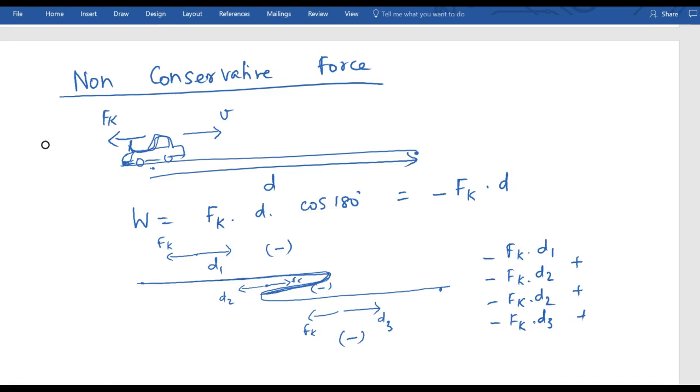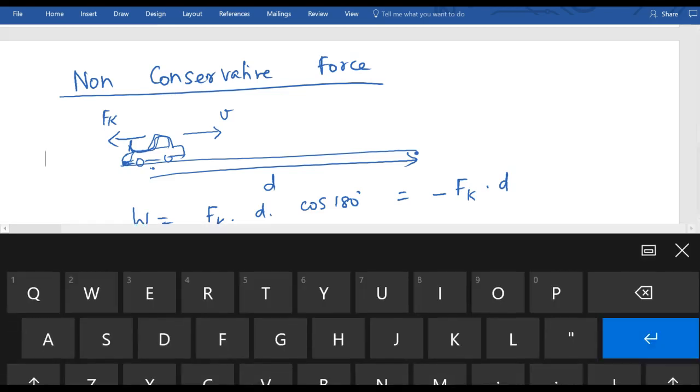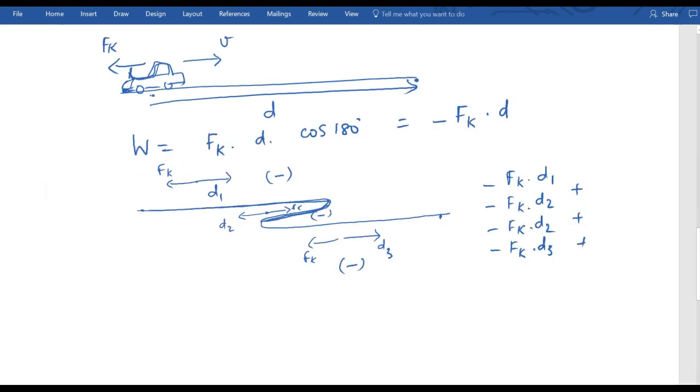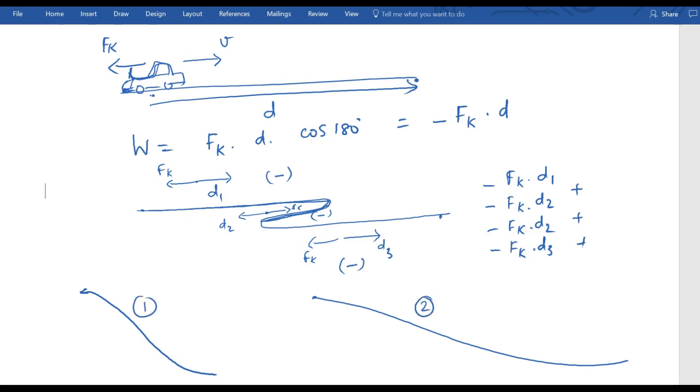Therefore, work done by friction is not independent of the path, and the longer the path is, the more work friction does. If you had a slide like this and a slide that was longer, then the work done by friction during slide 2 is going to be more than slide 1, because it is a longer path.